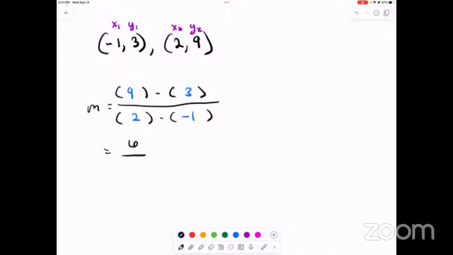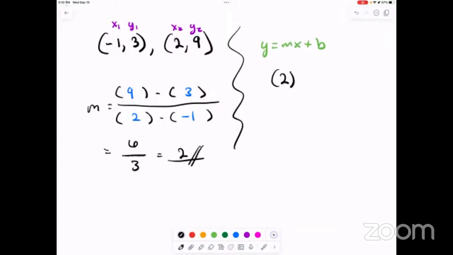So it looks like the slope is 2. Okay, so then I'm going to use my slope-intercept form, y equals mx plus b. I'm going to use the first point. I feel like it's not too terribly bad. So my slope is 2. My x is going to be -1.